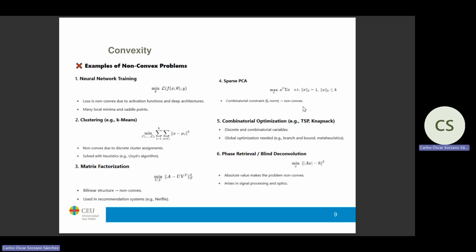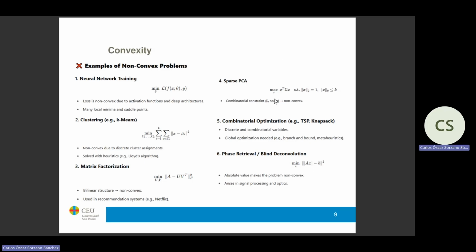Okay, and everything involving the 0 norm is combinatorial, because you have to try all possibilities. Okay, so the first component is not 0, the second is not 0, the third is not 0, and all possible combinations of those.